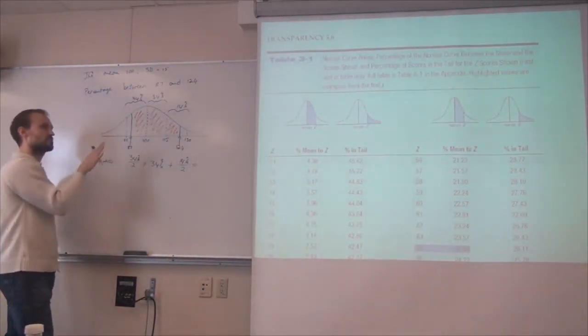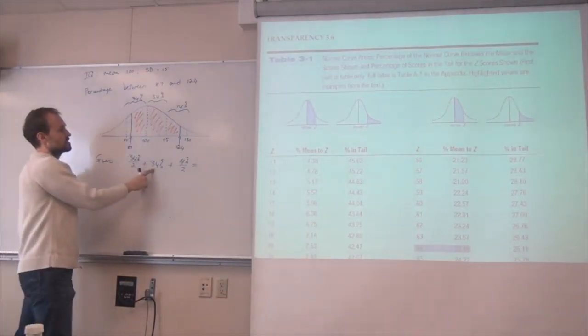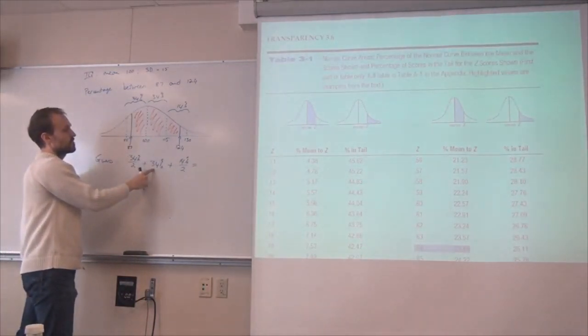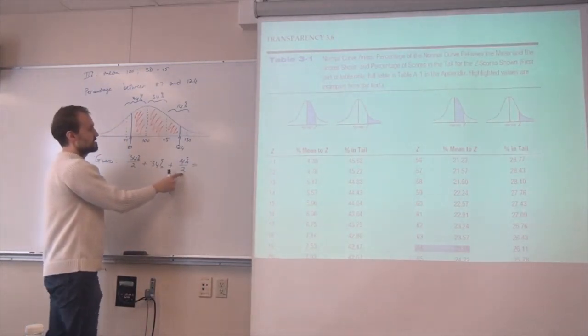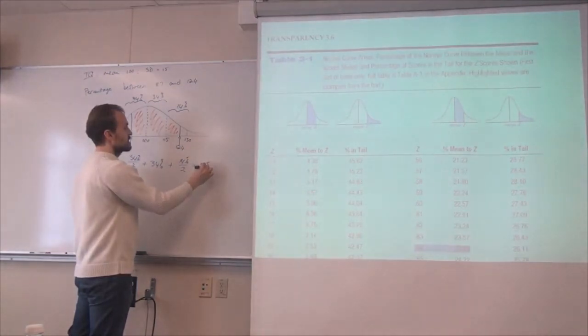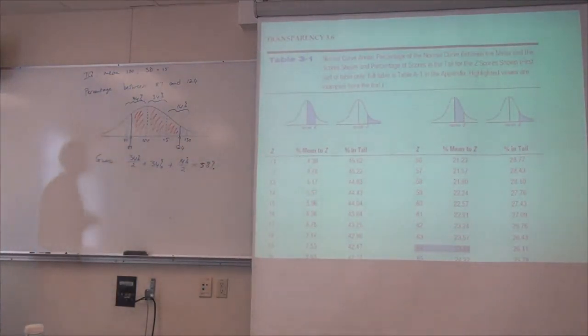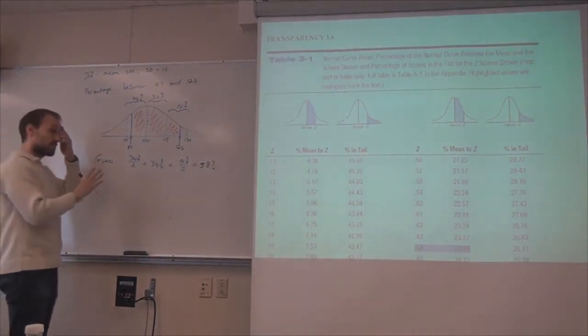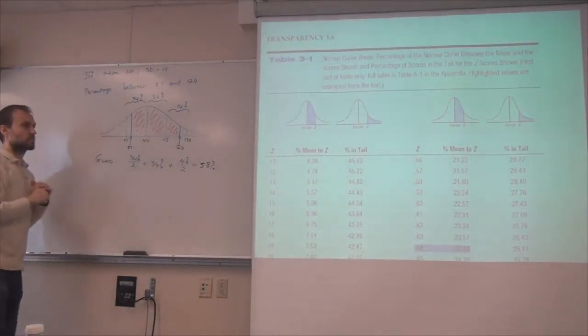Just getting me into the right area. 17 plus 34 is 51, plus another 7, so it looks like roughly 58%. I don't know how close I'm actually going to get, but it puts me in the 50-60 range. So if I get something drastically different than that, let me just rethink this a little bit.